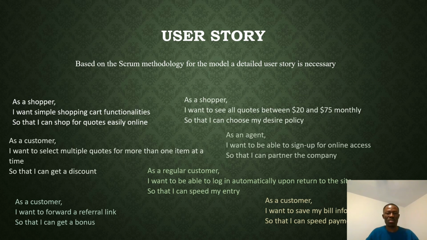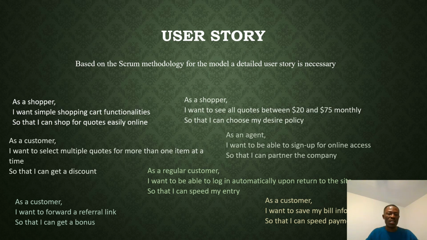We have a user story, which is very important in the Agile framework, and we know Scrum is an Agile framework. These are basically the descriptions of what we expect the model should do. Normally the user stories are developed from the perspective of the customer.